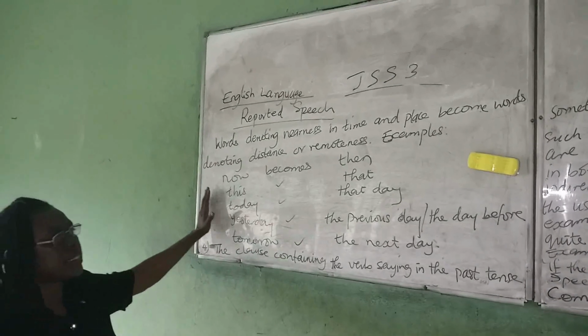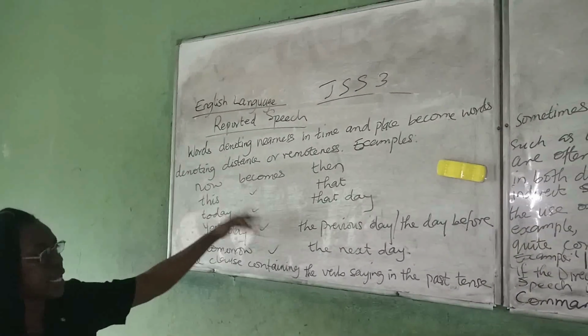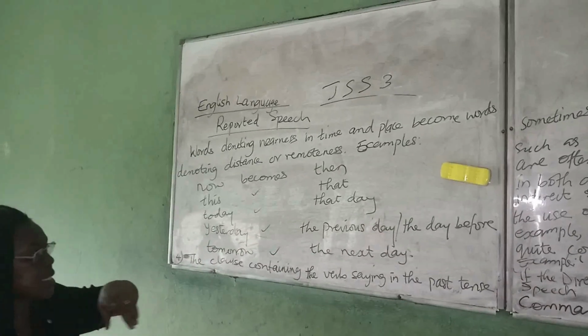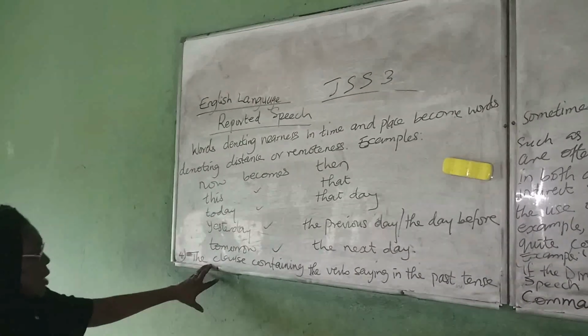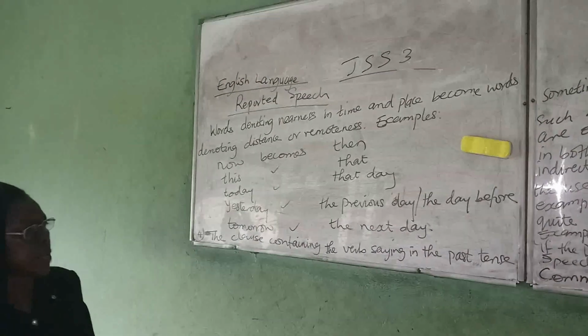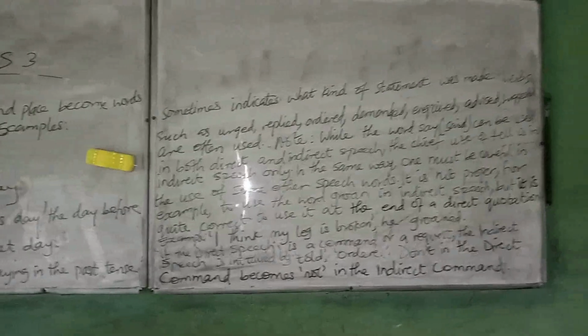So while we are changing the speech from direct to indirect, we'll be able to know which one follows next. Then, the clause containing the verb saying in the past tense sometimes indicates what kind of statement was made.